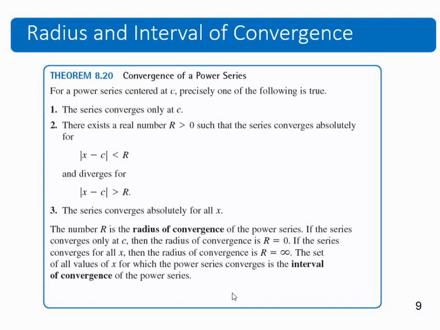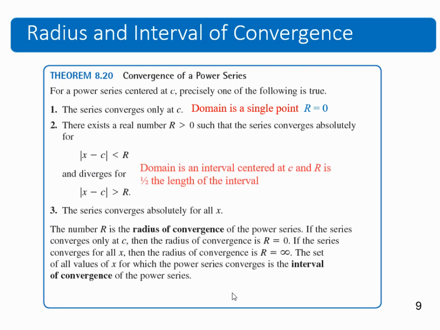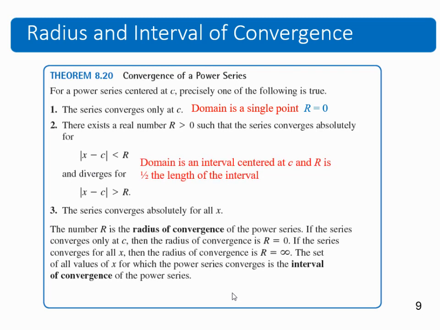So what it means for it to converge only at C, that means that the domain of your power series is a single point and the radius is 0. For it to have an interval of convergence, your x minus c factor must always be less than some value.